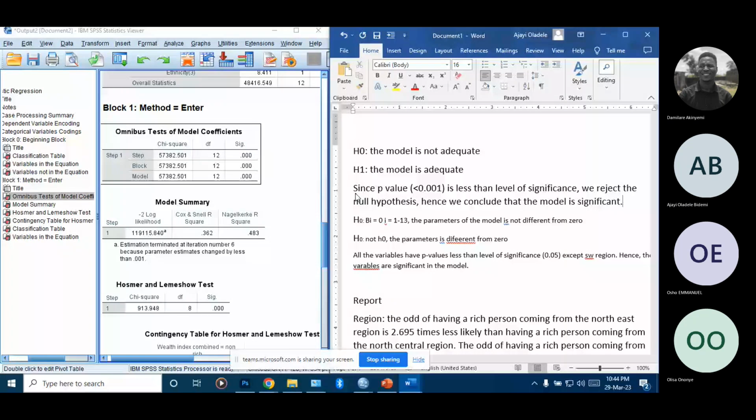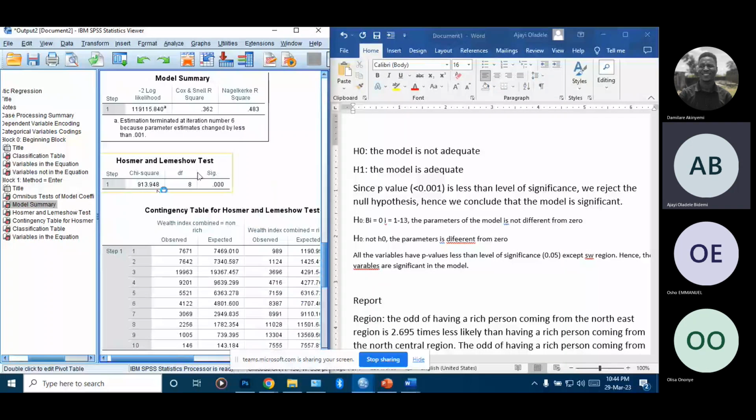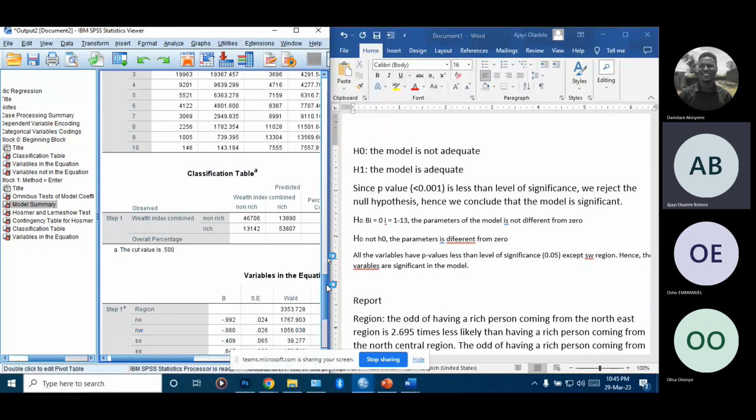Also, for the model summary, you write about the R square, or this pseudo R square. It's just a very short meaning of the model summary. Also, for the Hosmer and Lemeshow test, you read about it. It has a hypothesis: the model is a good fit versus the model is not a good fit. You conclude appropriately before you go to the classification table.